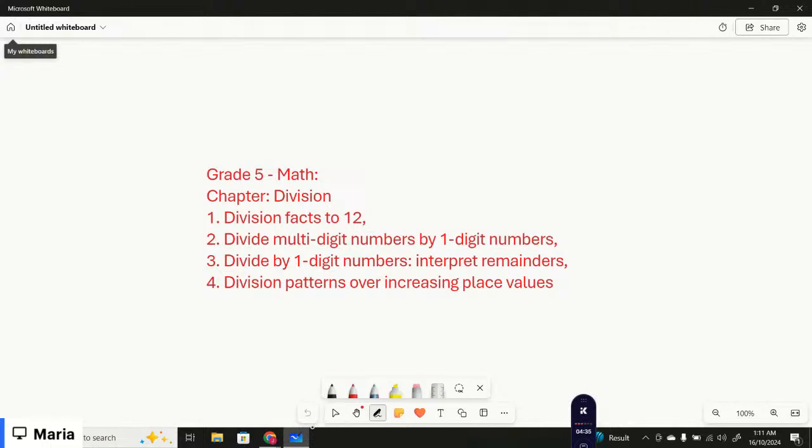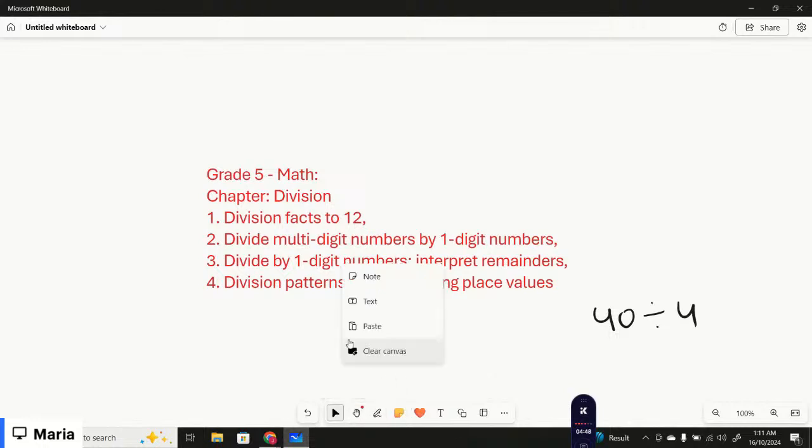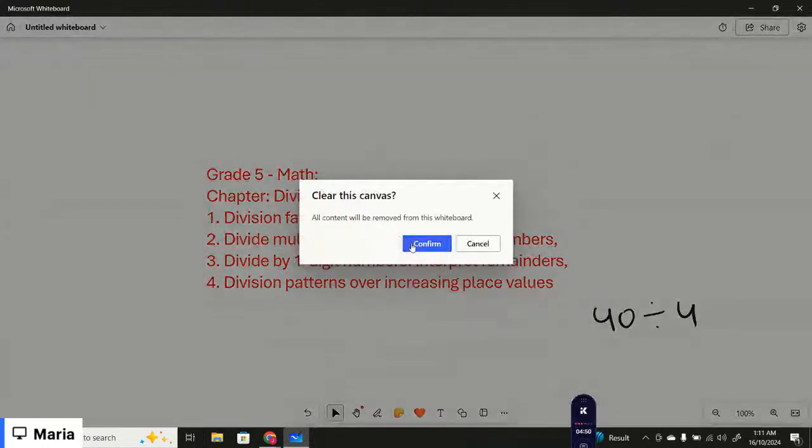So either you count 4 until 40, or you do repeated subtraction until you get the answer 0.